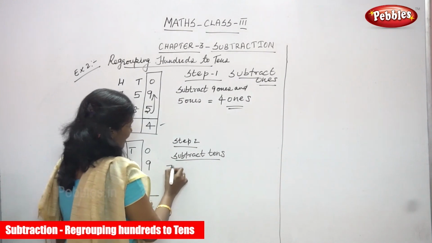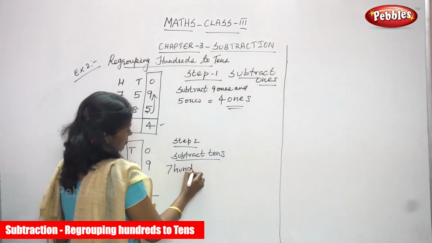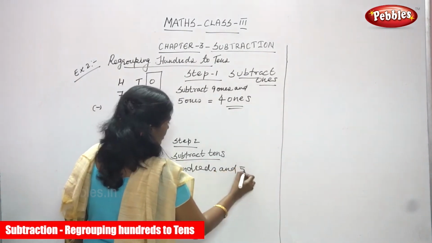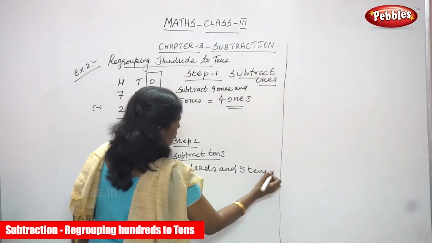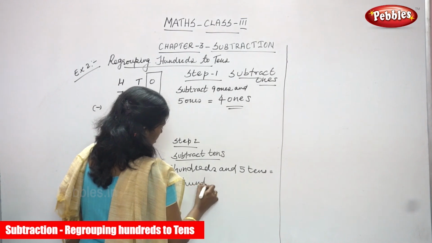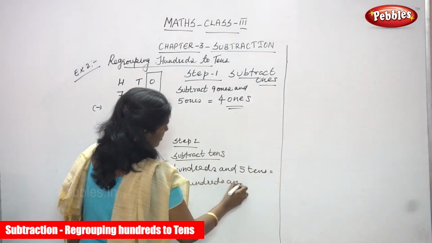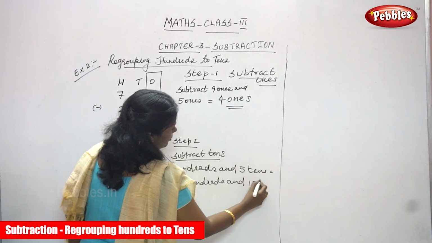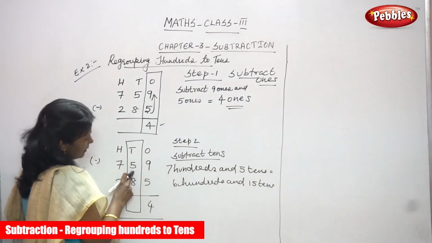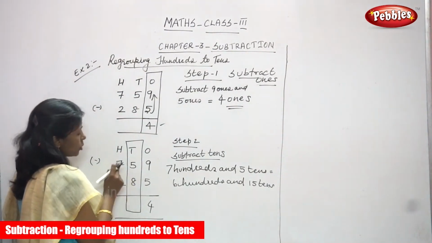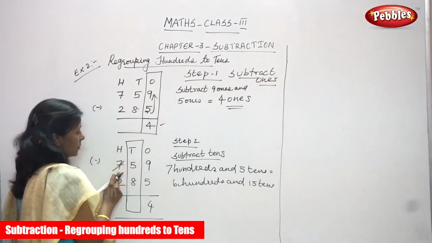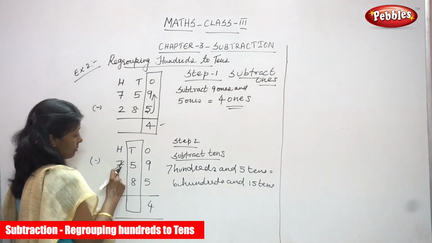So first you have to write 7 hundreds and 5 tens. This 7 hundreds becomes 6 hundreds, and this 5 tens becomes 15 tens. 5 tens is not enough to subtract, so you have to borrow from the hundreds.